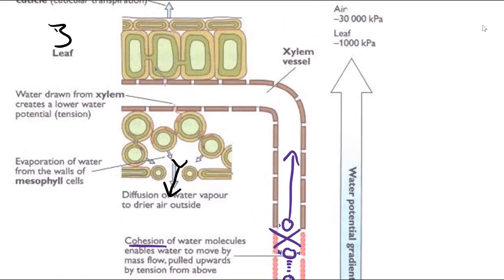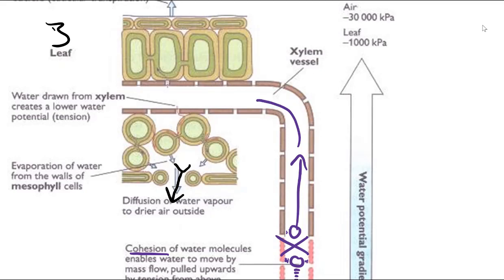The water molecules move up in the xylem and they will branch off to little leaves in the midrib. The midrib will then branch off into the little veins, and the water will move out through the pits. Now when it moves out through the pits, it can either travel by the apoplast pathway or it can travel by the symplast pathway. So the same as down in the root.